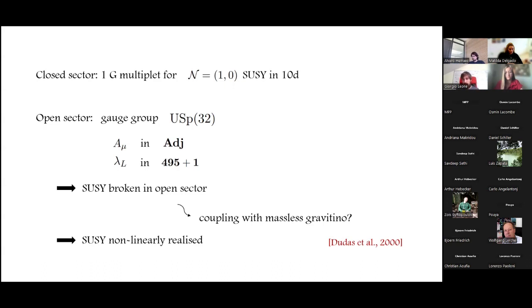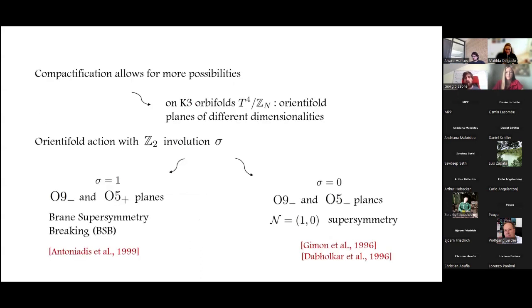So this captures more or less the main features of the Sugimoto vacuum that will be relevant also for the discussion of the Brane Supersymmetry Breaking vacua. To summarize, Brane Supersymmetry Breaking is induced by a non-trivial Orientifold projection that flips the tension and charge of all the Orientifold planes at our disposal, which are O9 planes. But when studying compactifications, of course, we have more possibilities.